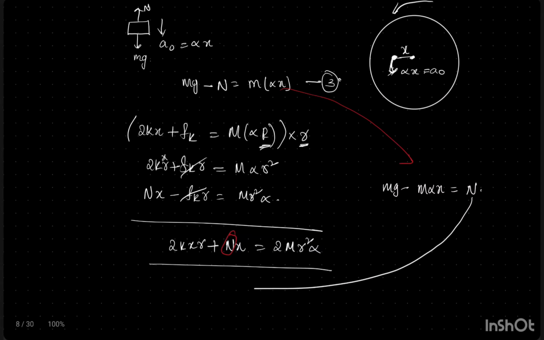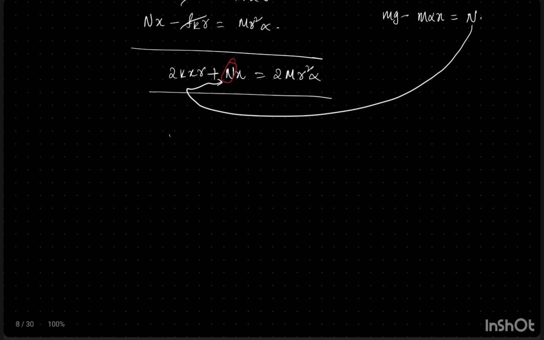If we keep this value here, we can solve it: 2kx into r plus mg minus m alpha x, multiplied with x outside, equal to 2m r square alpha.